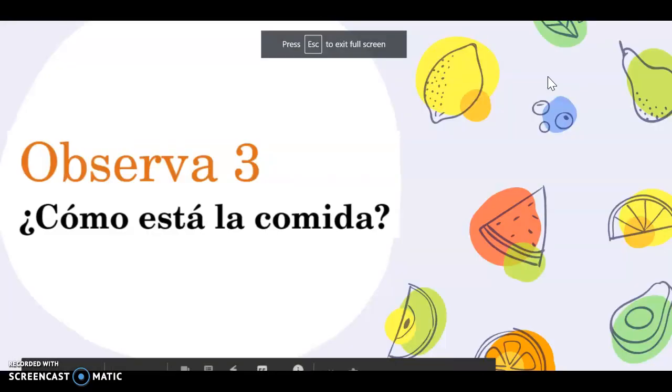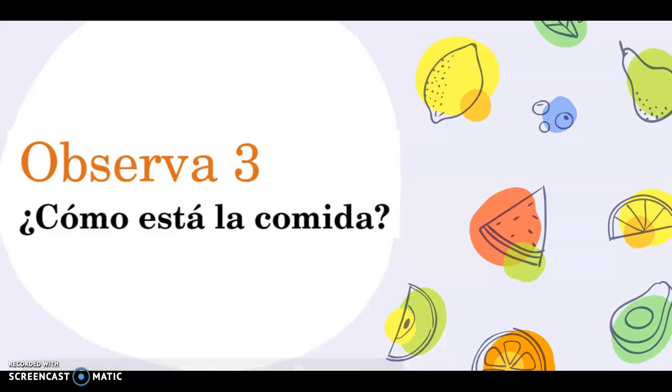So just a couple things we're going to fill in here about the verb estar. This section, Observa tres, is called ¿Cómo está la comida? You already know what ¿Cómo estás? means, right? How are you? And you answer with estoy bien, or just bien. Here, we're asking ¿Cómo está? but about a different noun instead of a person.